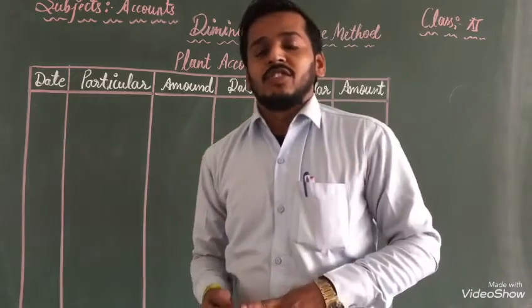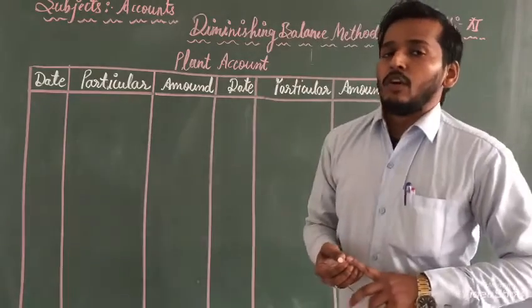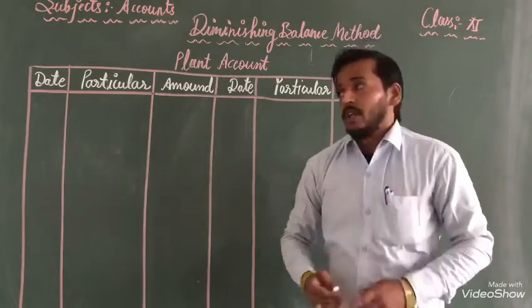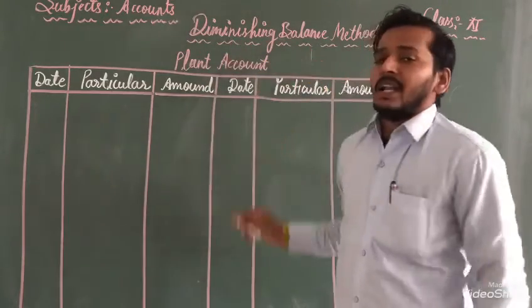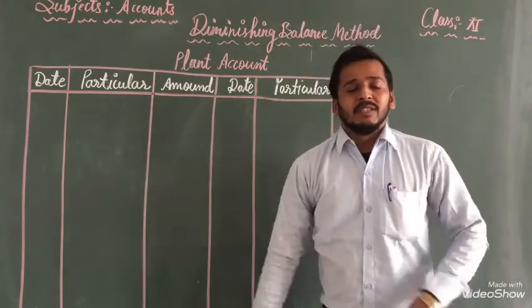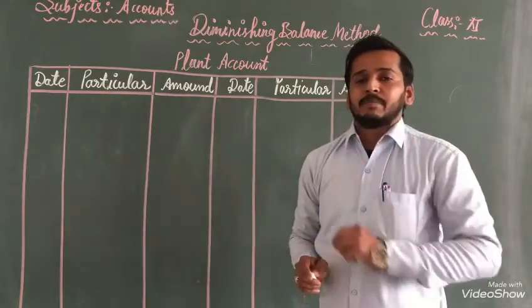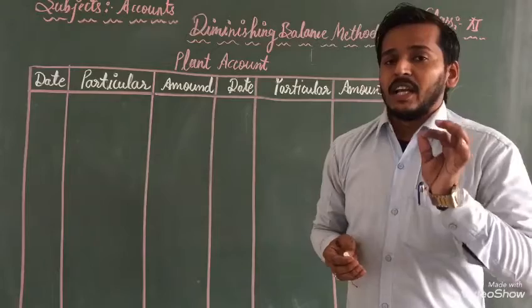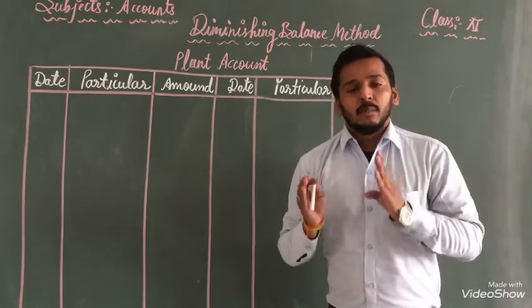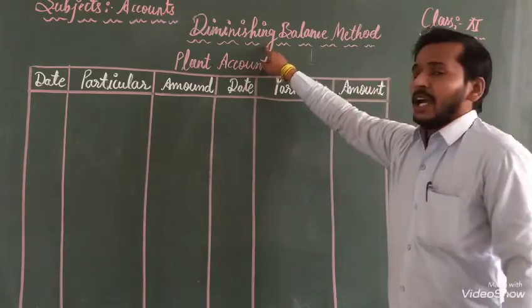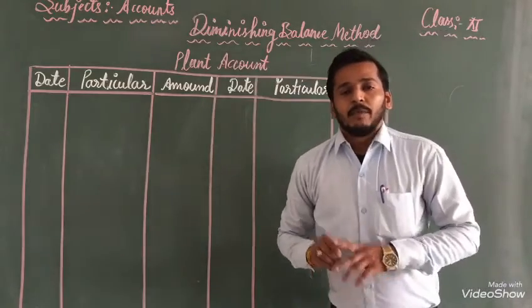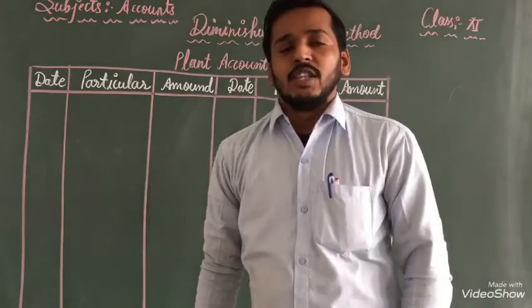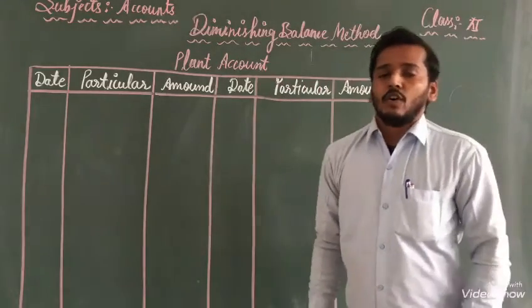In the last lecture, I had explained the diminishing balance method in normal language, how we can calculate depreciation with its help. And before this video, in the first lecture, I had explained how to calculate depreciation with the original cost method.